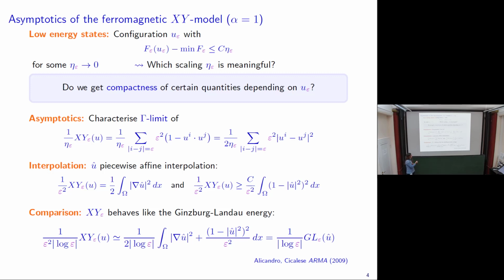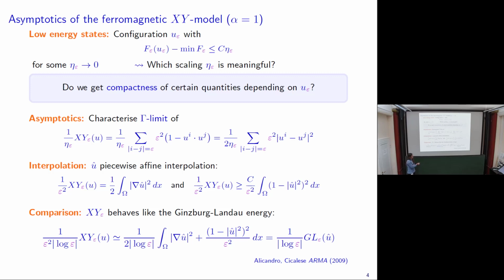So if you rescale by epsilon squared log epsilon, then your XY model energy behaves like the Ginzburg-Landau energy in the logarithmic rescaling regime, which is this guy here. This is nice because the Ginzburg-Landau energy was studied before, and this is also another meaningful scaling.